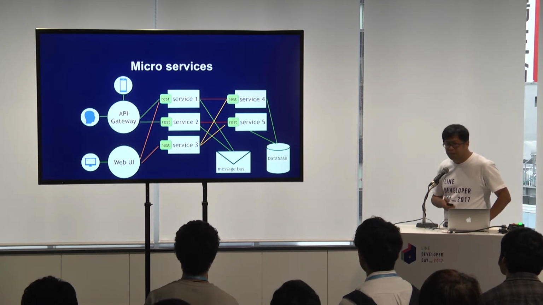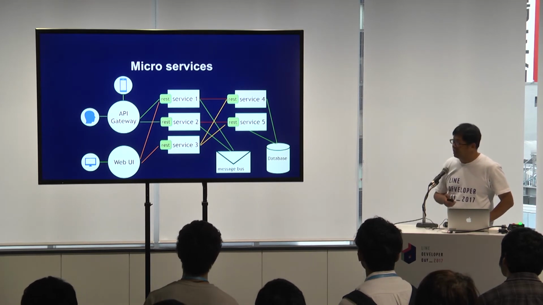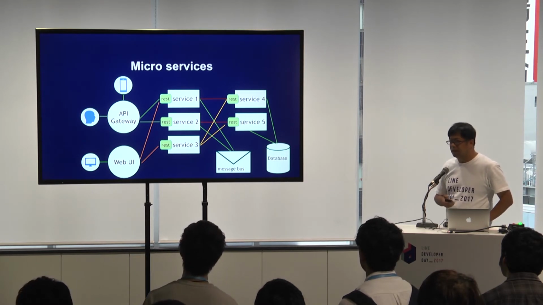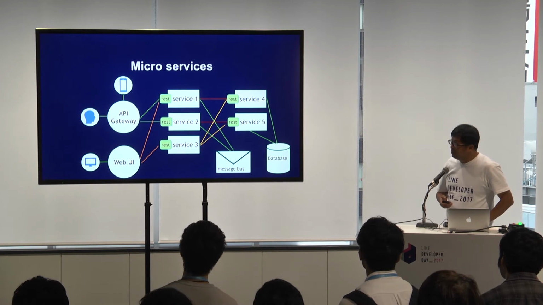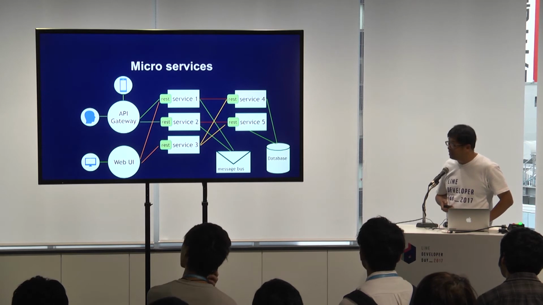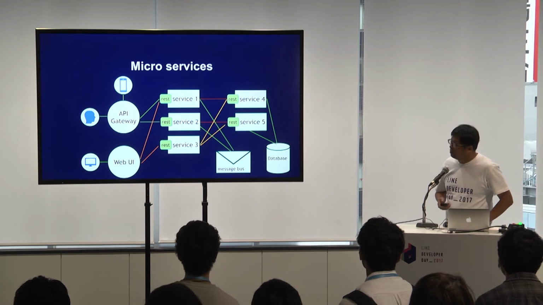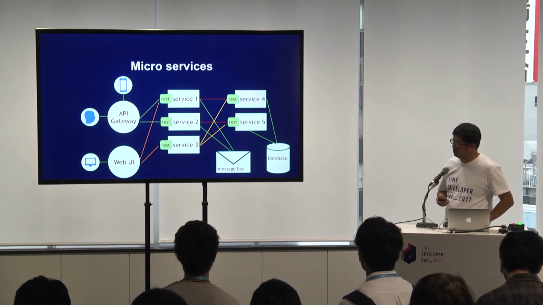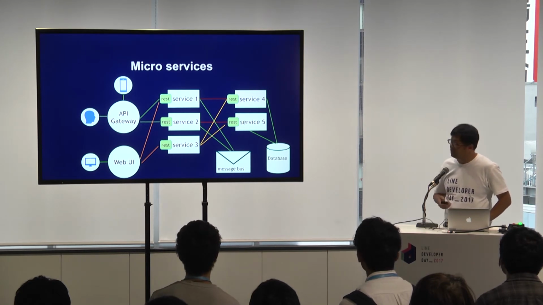For example, we may have a user service in charge of user registration or user management, a payment service in charge of payment, and a shopping cart service for handling the shopping cart. Each service might communicate with each other through a RESTful interface. This helps us build this kind of huge service very quickly and make it scalable.